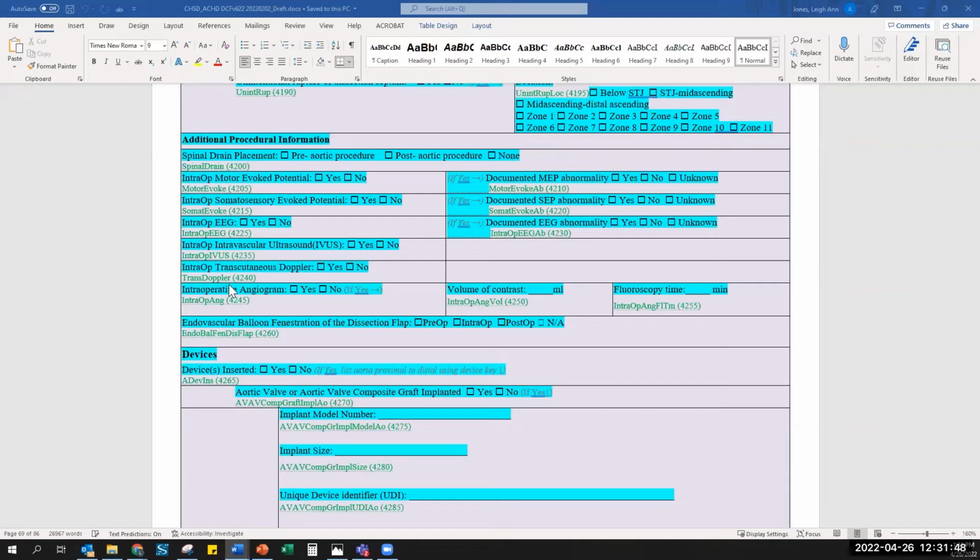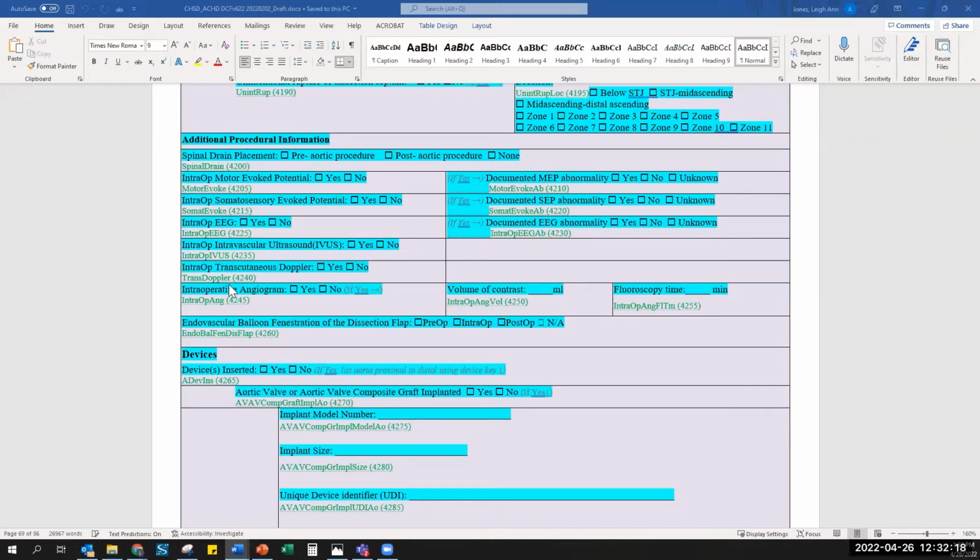Spinal drain placement: was there a spinal drain placed to drain CSF fluid? Sometimes this is used as an adjunct to protect against paraplegia during your aortic repairs. So if they placed it, was it pre-aortic procedure or post-aortic procedure, or they didn't place it at all?